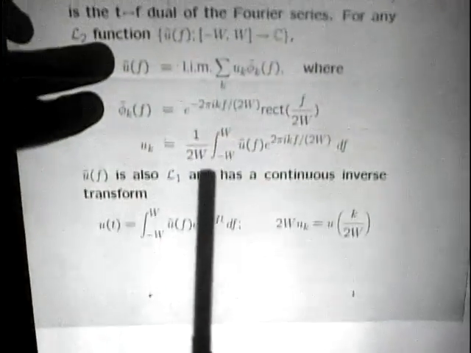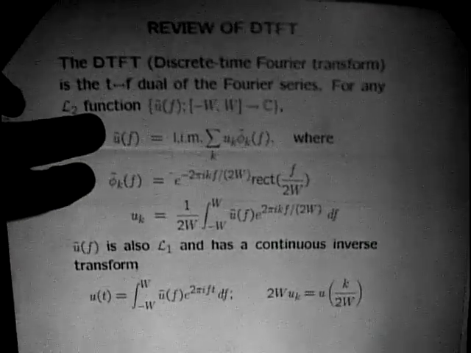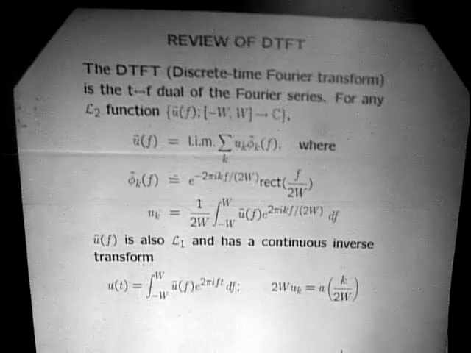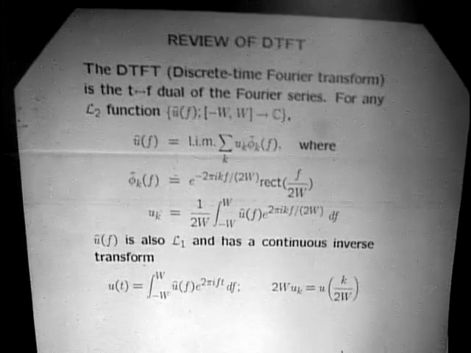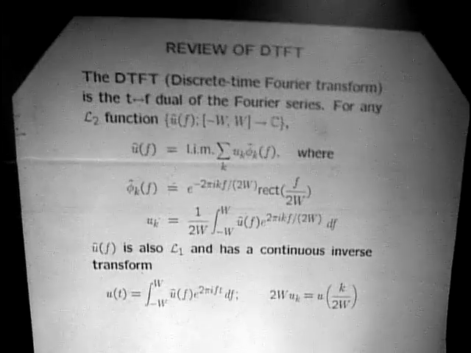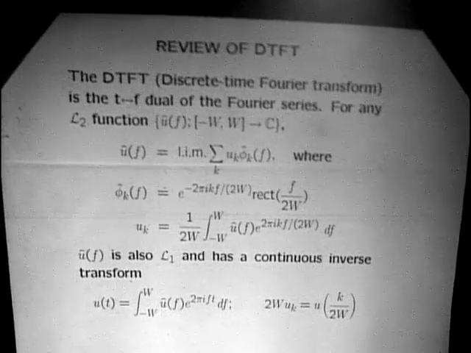Here, what we're doing is taking the DTFT and simply taking the inverse Fourier transform of it, so that the sampling theorem is in fact the Fourier transform of the DTFT. It's not the dual, it's the Fourier transform itself. Okay?